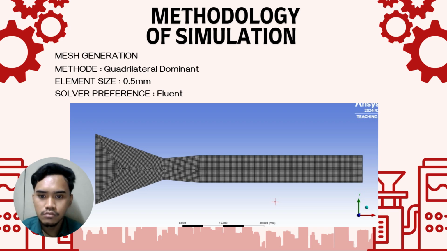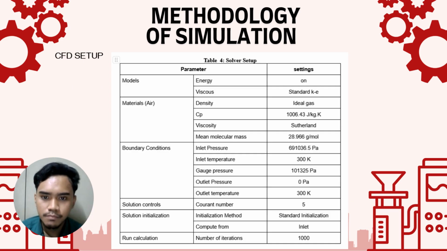The method we are going to use is quadrilateral dominant, where we want squares to be dominant, and the element size is 0.5, which is larger than the default, because we want to cut down the simulation time. And then the solver reference is Fluent, because we are going to use CFD, which is the Fluent in ANSYS. Alright, so after we complete the meshing, we are going to do the CFD setup.